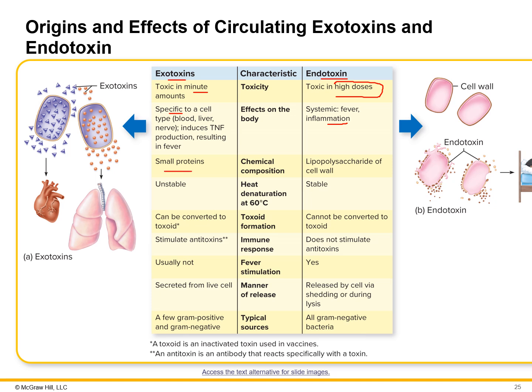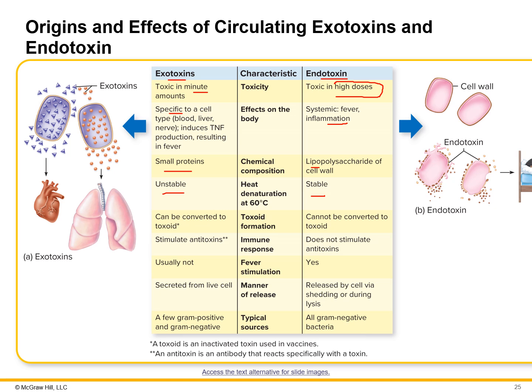Exotoxins are small proteins. Again, endo, there's only one. It's lipopolysaccharide that's in the outer membrane of the cell wall of gram-negative bacteria. Exotoxins are not very stable, so they're a little easier to break down, whereas the endotoxin, that LPS, is very stable.